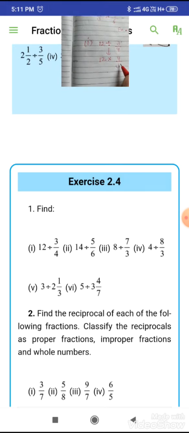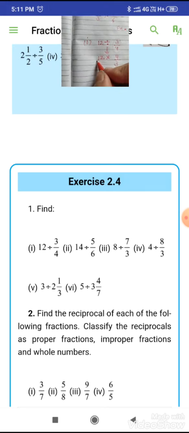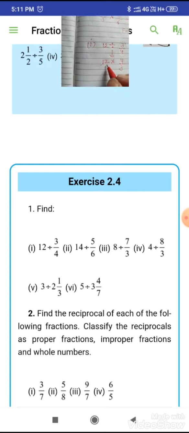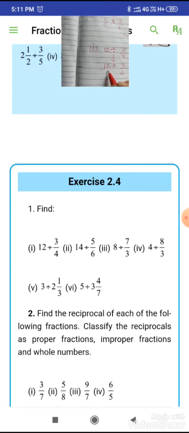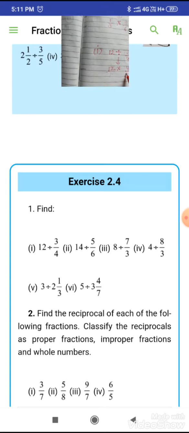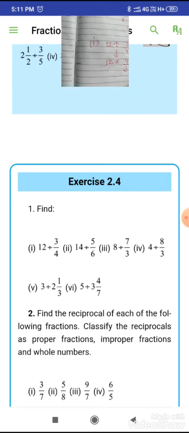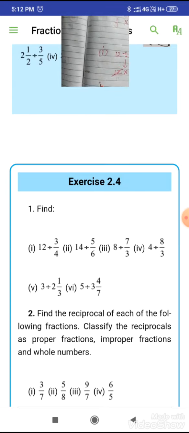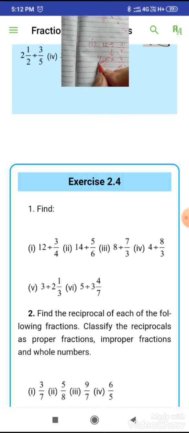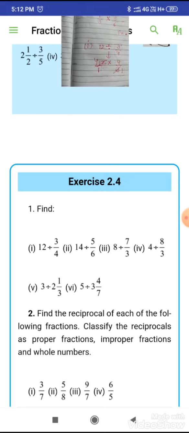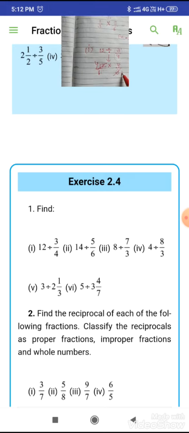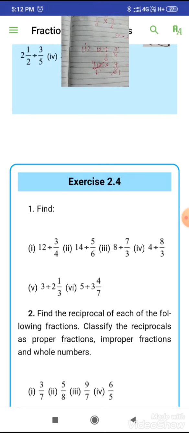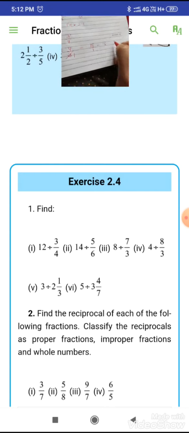We can cancel out 3 and 12 here, or you can simply multiply 12 by 4 and 1 by 3 and then cancel out the digit. So 3 1s are 3 and 3 4s are 12. Now multiply 4 by 4, our answer is 16, and 1 by 1, our answer is 1. So our final answer is 16.